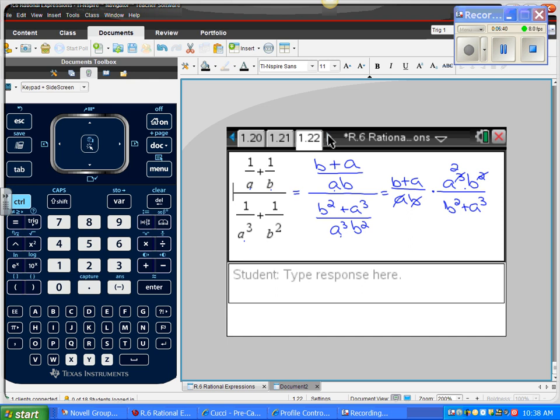Can I cancel anything else? Well, let's see. We're left with a squared b times b plus a, over b squared plus a cubed. And it doesn't look like there's anything else I can do. So that's my final answer.